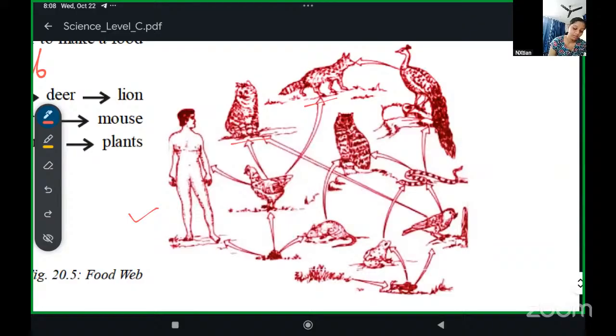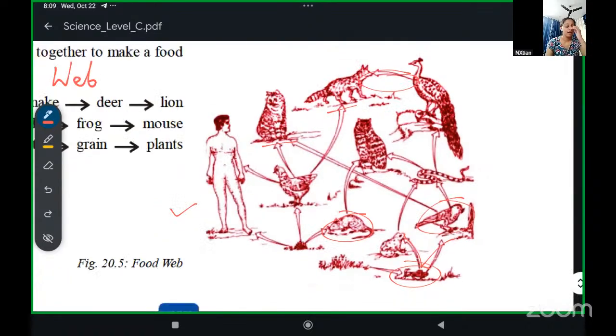The mouse is eaten by the owl. Insect is eaten by both frog and bird. Bird is eaten by snake. Snake is also eaten by owl. And peacock is also eaten by wolf.